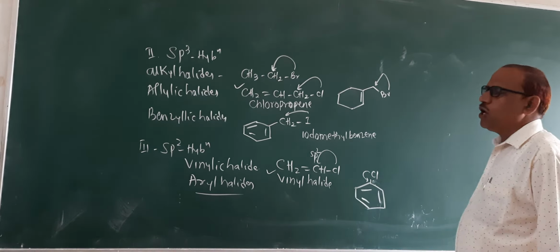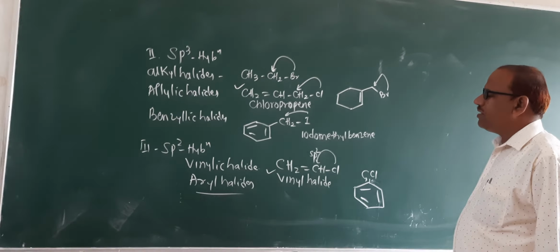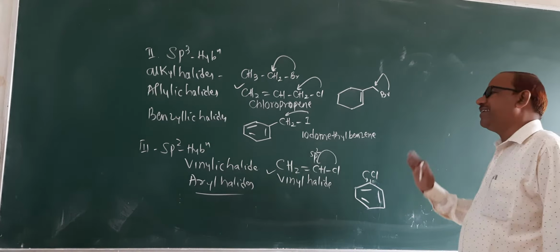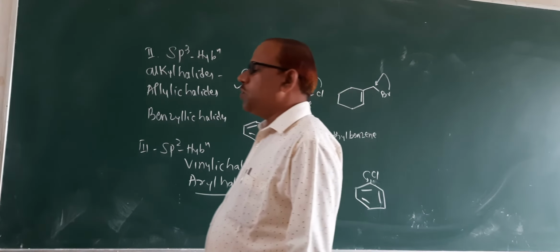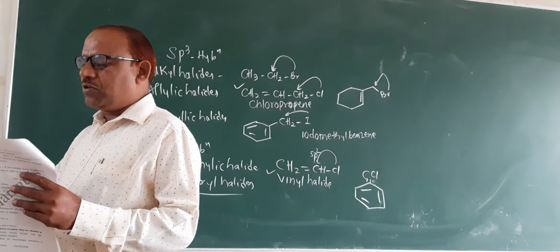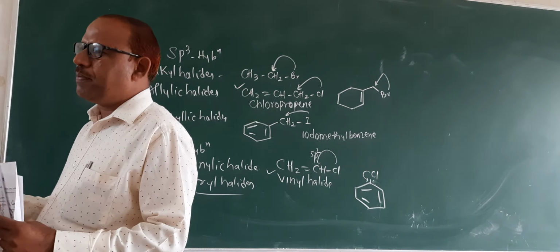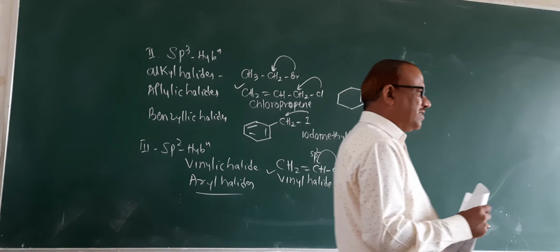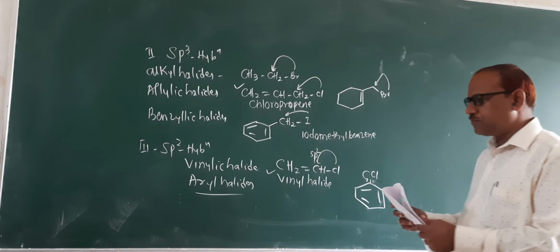For example, chlorobenzene, bromobenzene and iodobenzene are examples where the halogen is attached directly to the nucleus of benzene. These are the types of classification of haloalkanes based on the nature of the carbon to which the halogen is attached, that is, based on its hybridization.